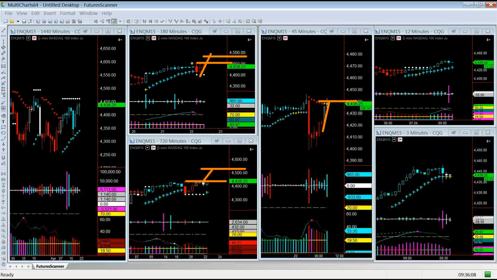Now, here, don't say that. Just as soon as you go to enter that trade, it's going to stop and it's going to reverse. Those are not the ones that I want. Understand?